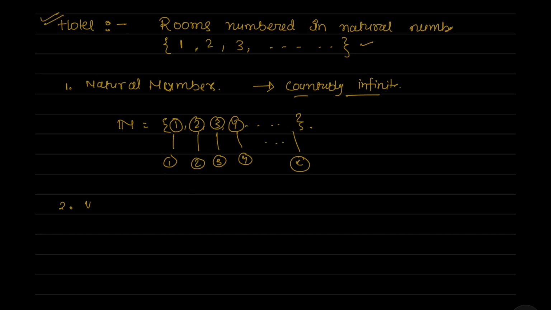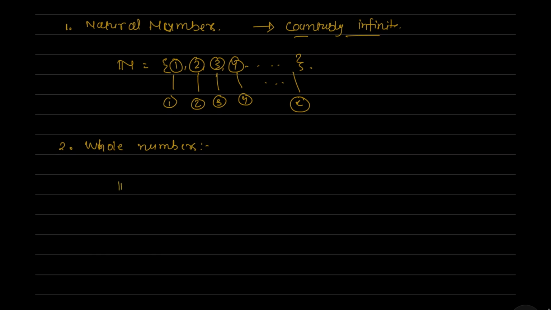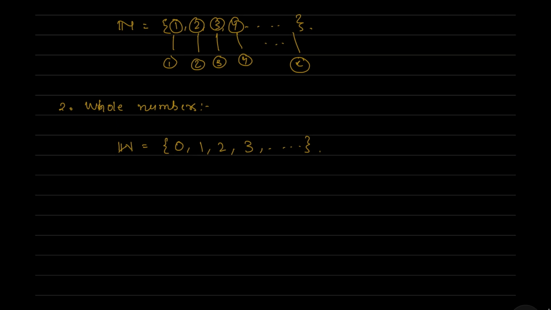Next, let's go on to whole numbers. What are whole numbers? Let me represent them by W. This is 0, 1, 2, 3, up to infinity. Now suppose I give the plus 1th room to each whole number.